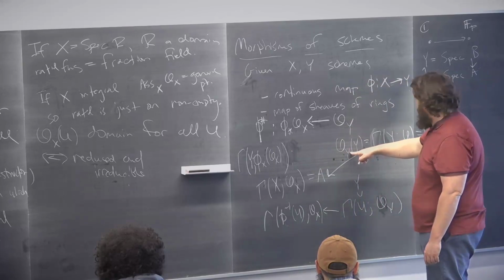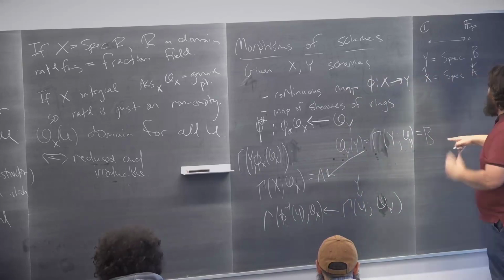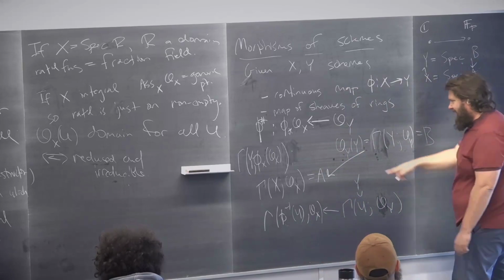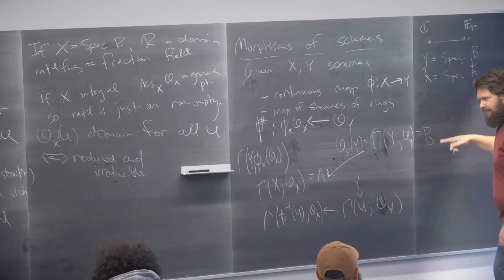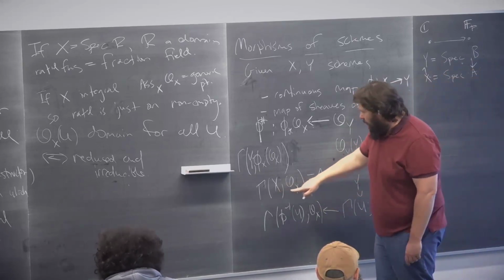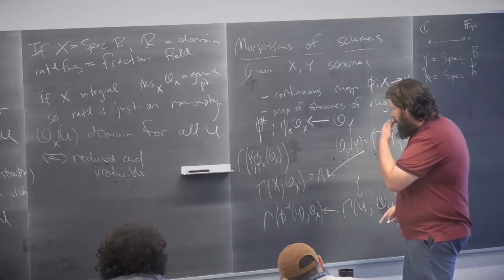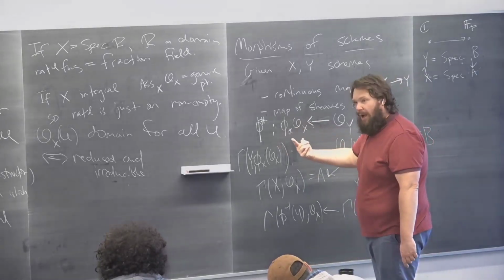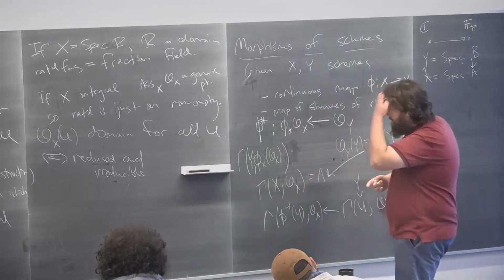Yes. I was trying to compare it with the map between rings, right? So if Y is spec of B, that manifests by saying the global sections of O of Y is B. And if X is spec of A, that manifests by saying the global sections on X is A. So part of the data of this map of sheaves, if X and Y are affine, is this map, right?